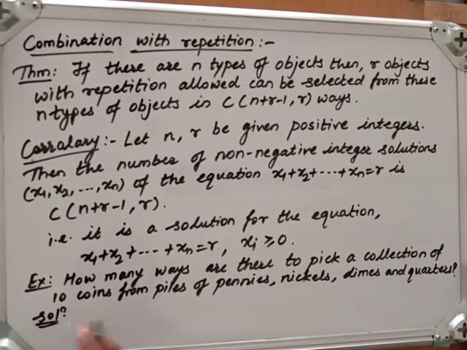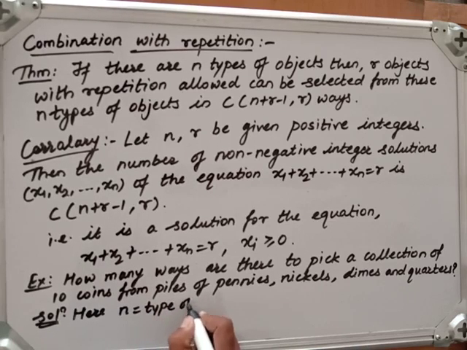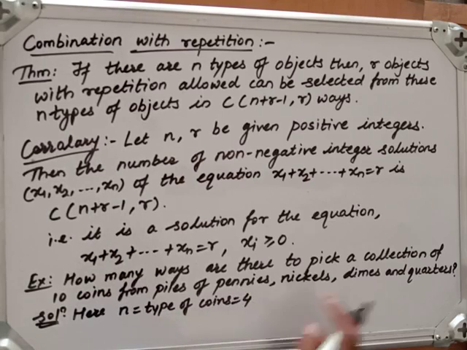Now how many types of objects do we have? So 4 different types of objects: pennies, nickels, dimes and quarters. So here n is equal to the types of coins, which is 4.